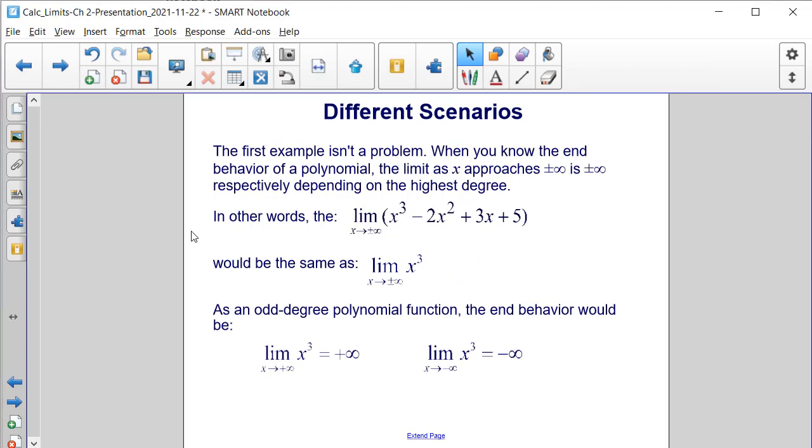As an odd degree polynomial function, the limit of x cubed as x approaches positive infinity is equal to positive infinity, and the limit of x cubed as x approaches negative infinity is negative infinity. In other words, x cubed polynomials have end behavior that looks like this, which again makes finding their limits a lot easier.